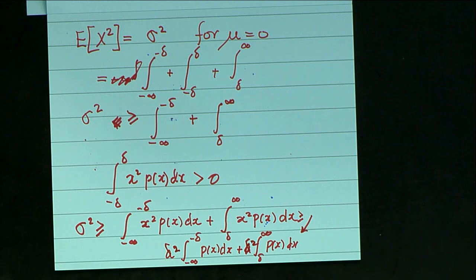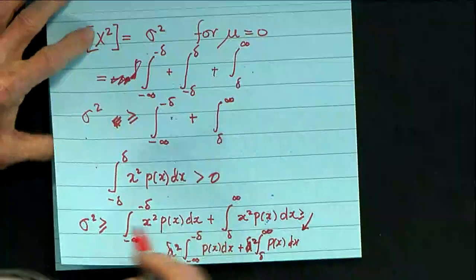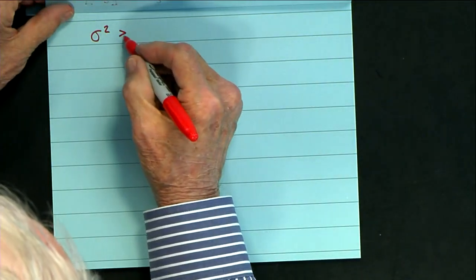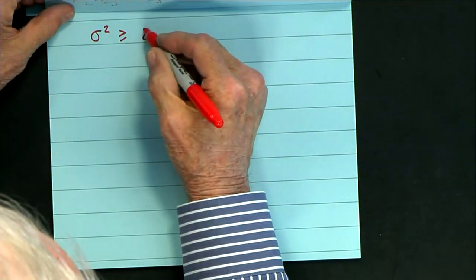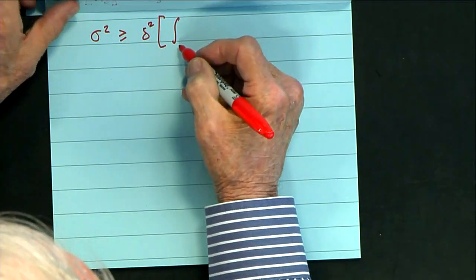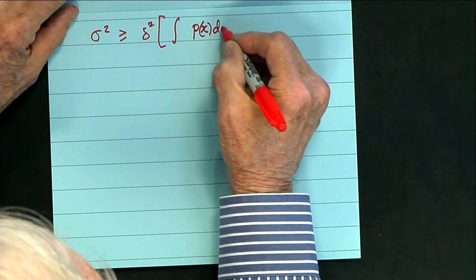And so what is this? So we've got two. Sigma squared is greater than or equal to delta squared times two integrals of p of x dx.